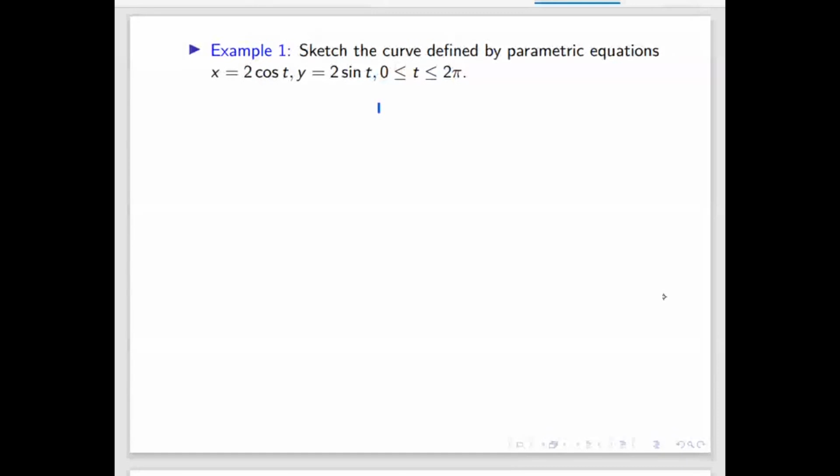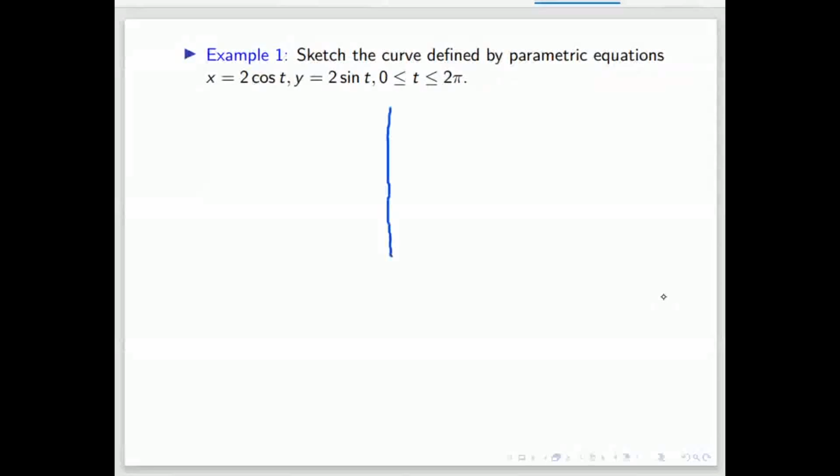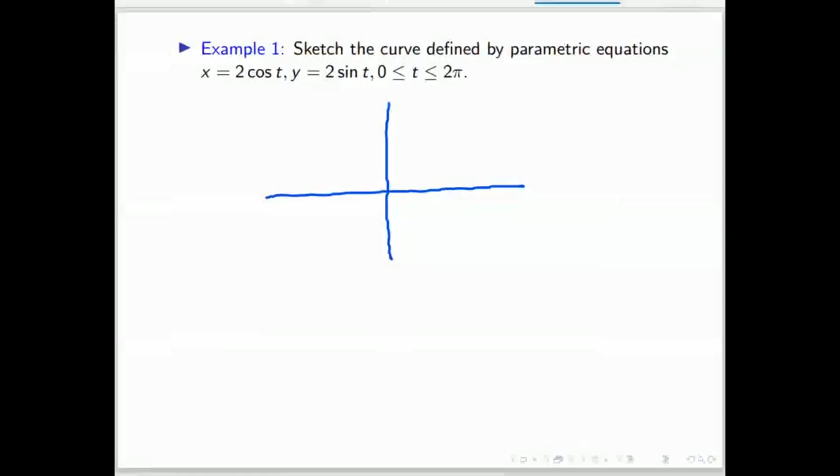Circle. Yeah, if we try to eliminate the parameter, we will get x square plus y square equal to 4 cos square t plus 4 sin square t, that is 4. So this will represent a circle of center 0 comma 0 and radius 2.